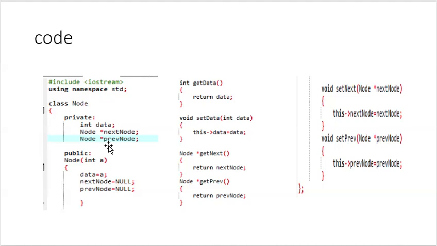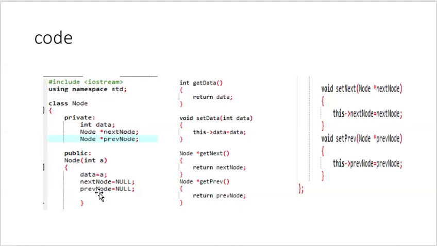So publicly I have defined the functions. The first is a constructor, passing one variable a. As we have declared data, I have assigned this value to data and assigned null to both the pointers.